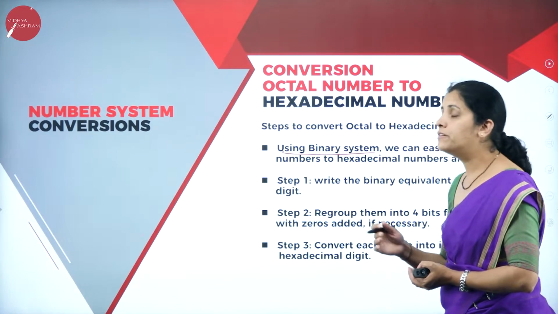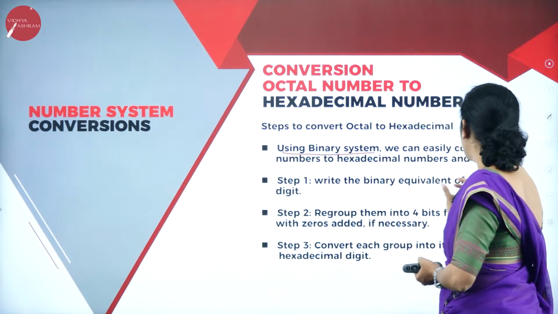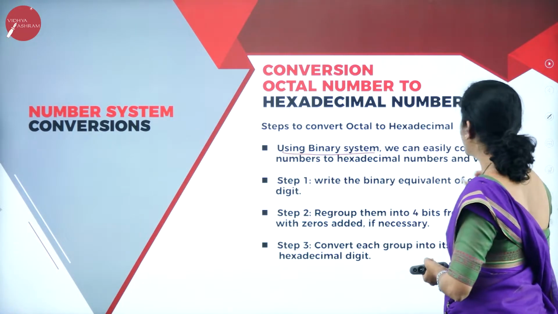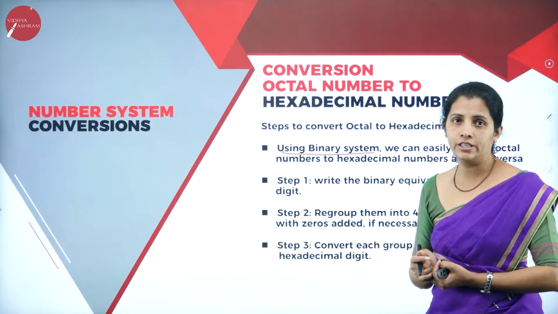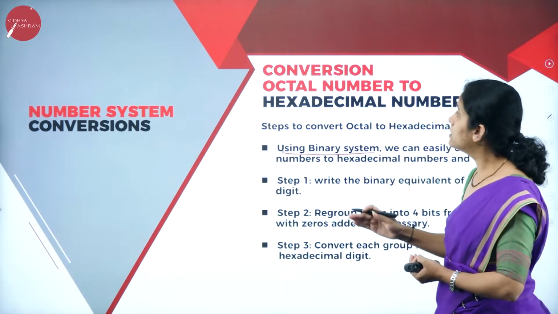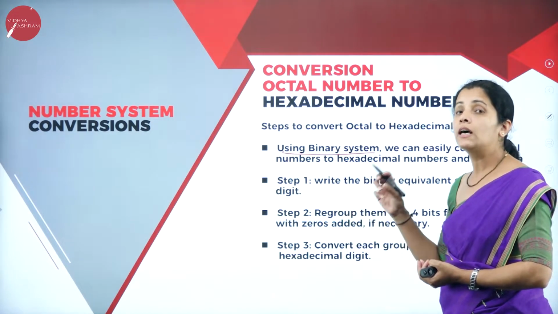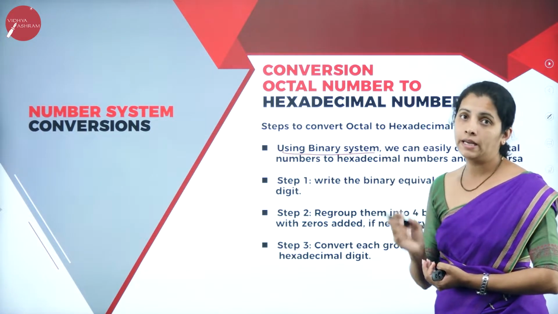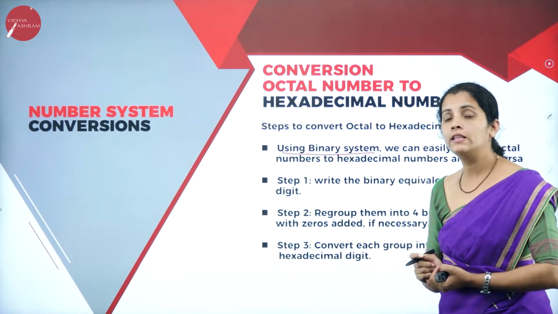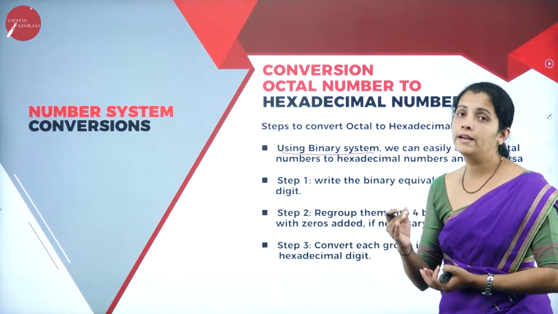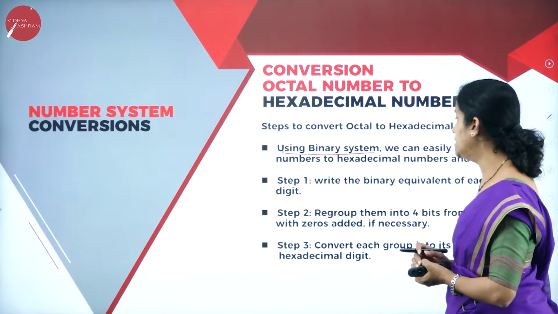Now, what is my first step? Write the binary equivalent of each octal digit. That means whatever octal number I have, I'm going to consider one digit at a time and write the binary equivalent of the individual digit.